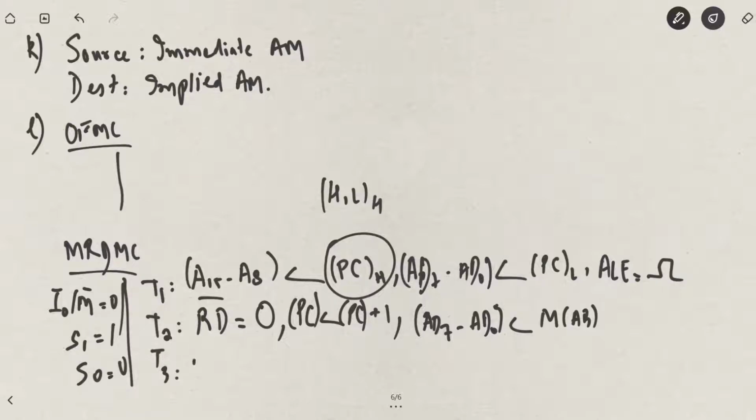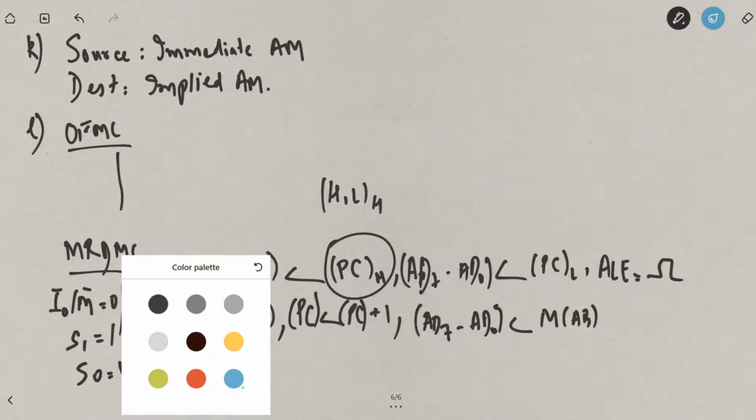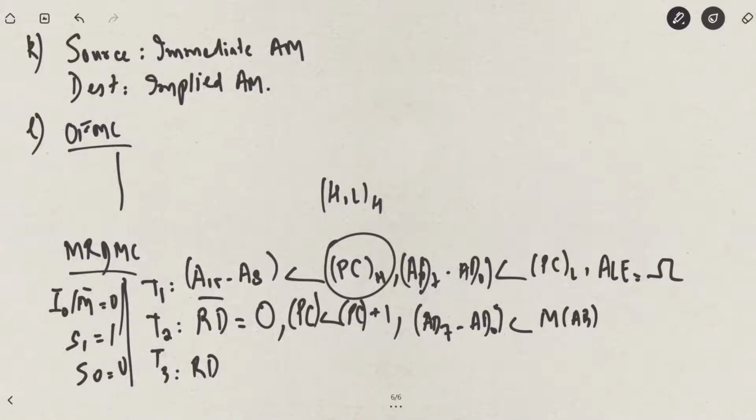And now in the T3 state, read will be deactivated by making it equal to 1, low tide transition of the microprocessor, and whatever was on the data bus now will be transferred to the temporary register.